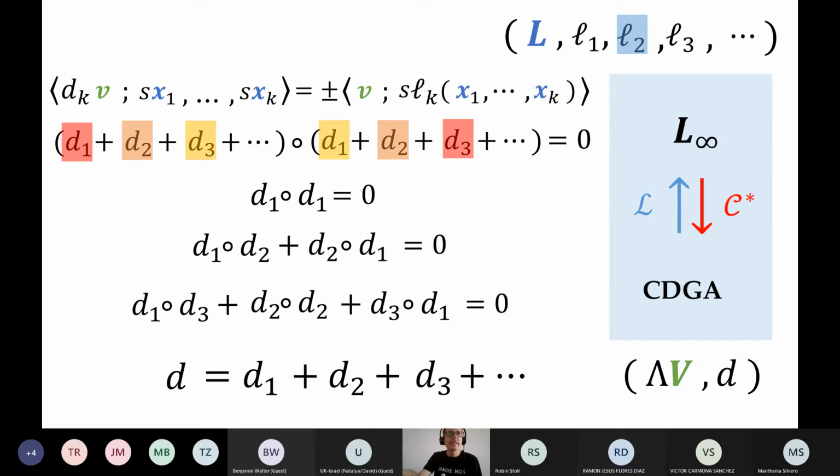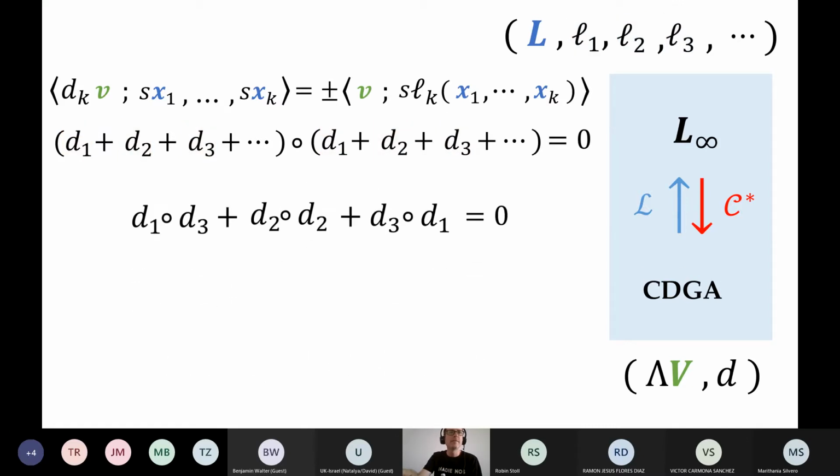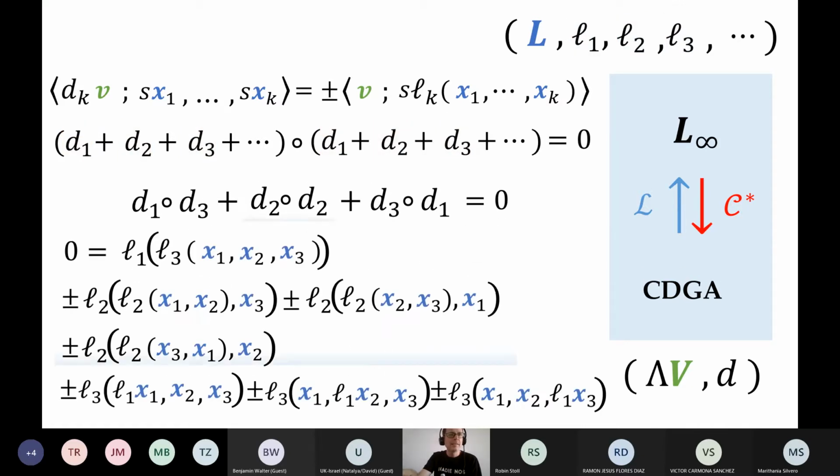If we write this in terms of the L-infinity structure, what we obtain is the following identity. And this part is Jacobi, but we have more terms because we have here a three bracket, L3. So this is the definition of L-infinity algebra in terms of the cochain functor and Sullivan algebras.